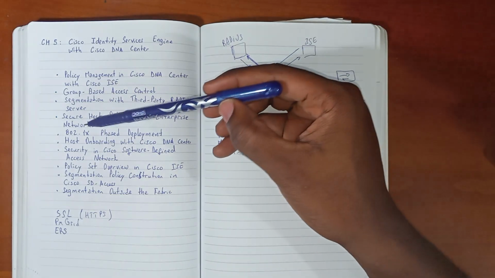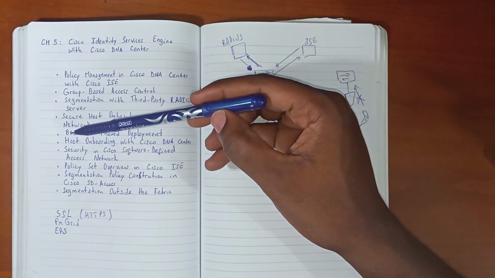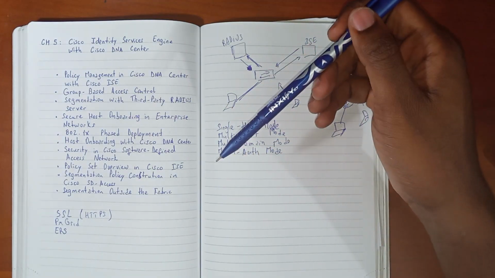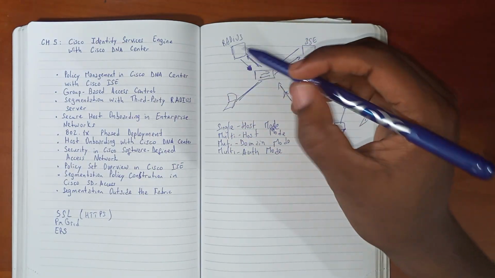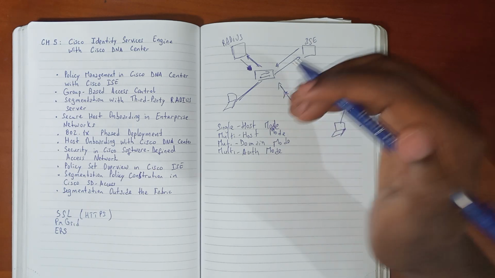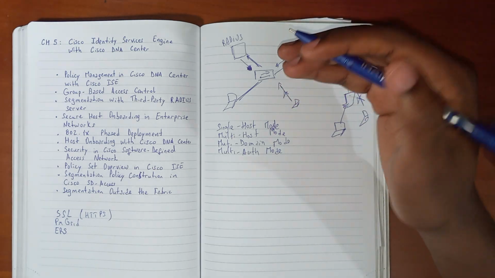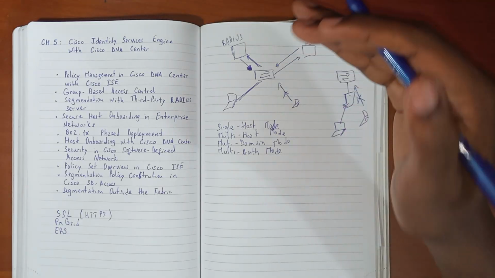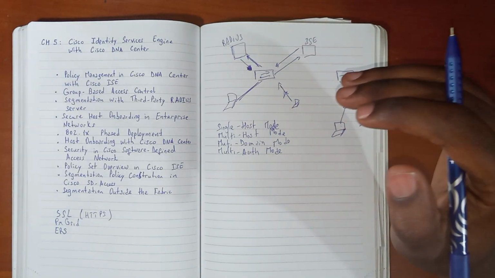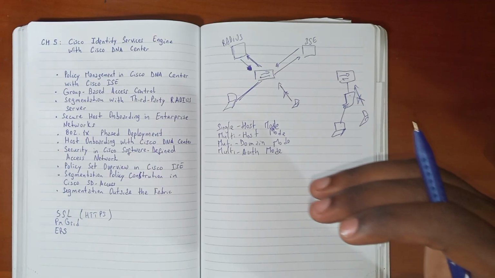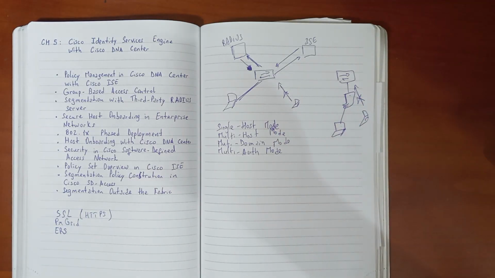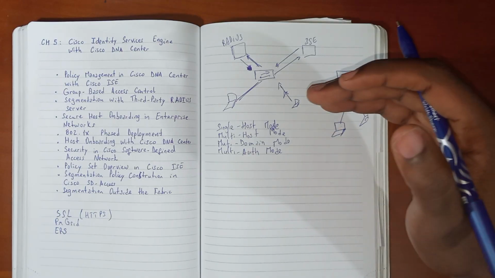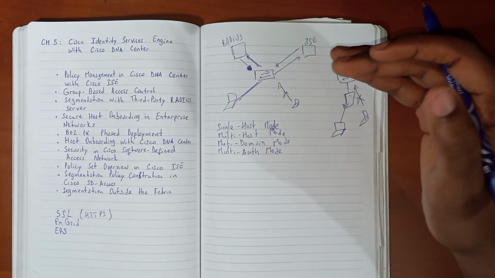Going to the next, 802.1X phased deployment. The phased deployment is about how to implement 802.1X in our infrastructure. Normally it must be done phase by phase, because if we implement everything at the same time, we can have multiple users blocked. So how are the phases done?